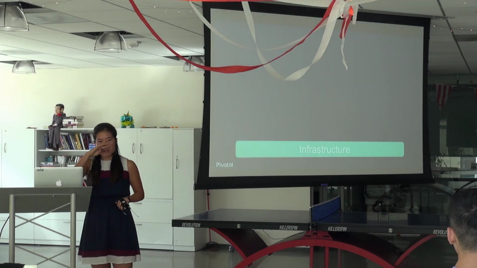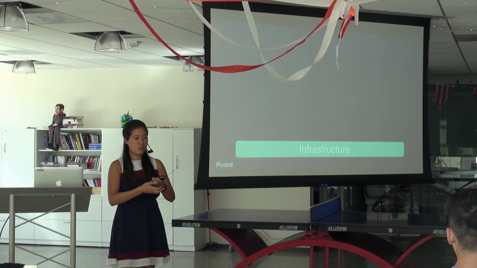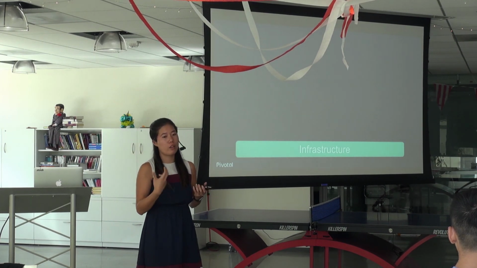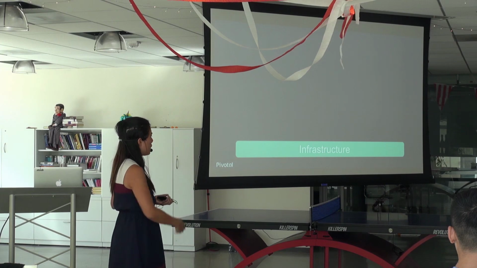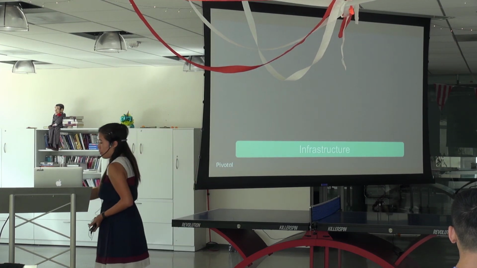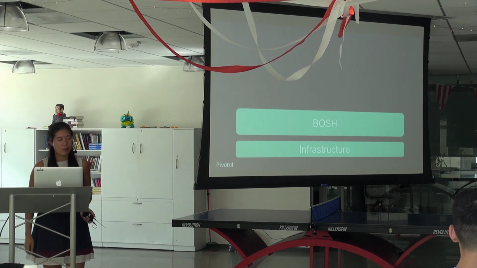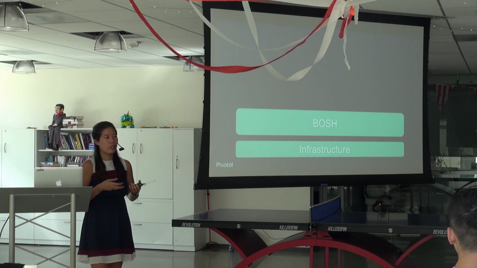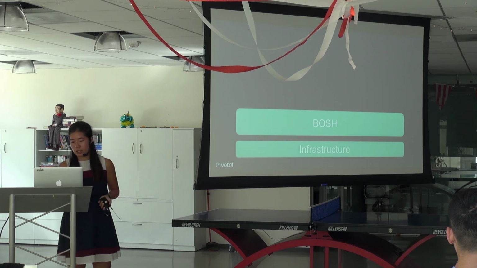If we start at the bottom and visualize how all these components work together, at the very base level you have your core infrastructure. From there, you deploy BOSH on top of that infrastructure as your tool, again, for creating your Kubernetes clusters.